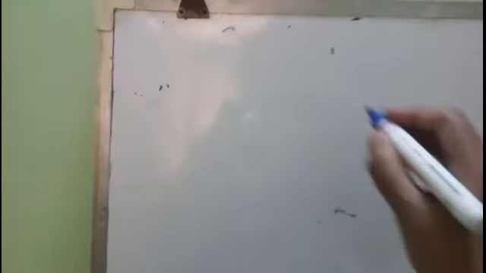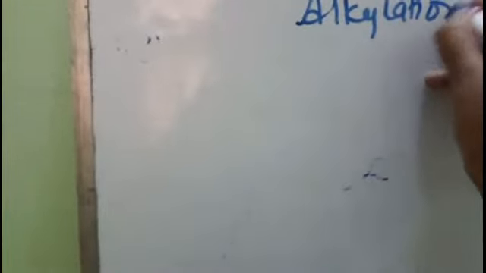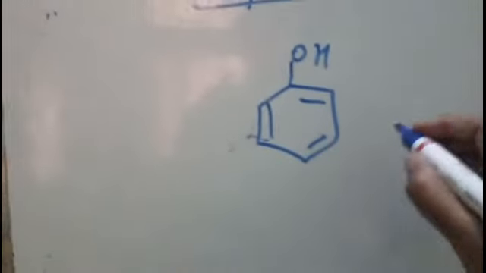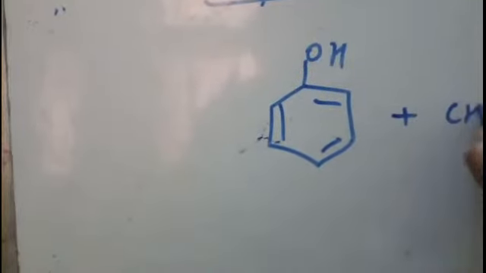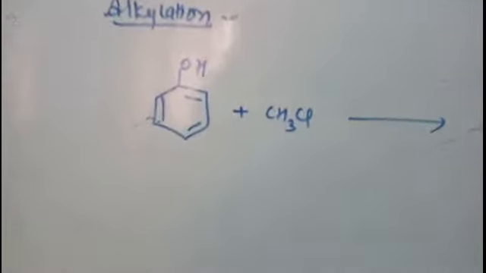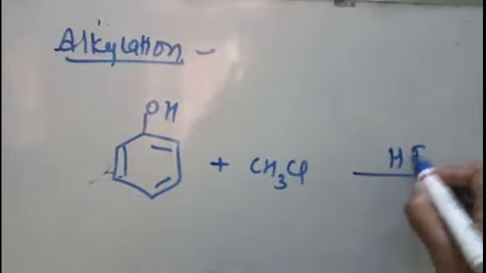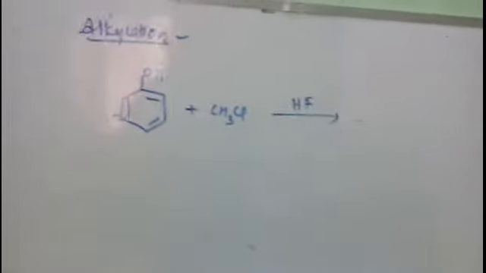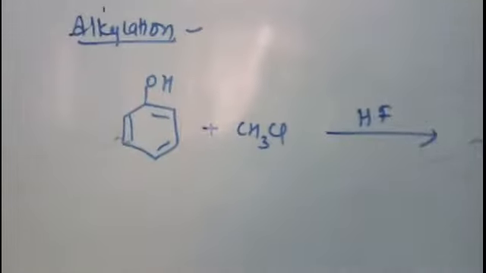Right. So in alkylation, the reaction will be done in the presence of HF instead of AlCl3 or FeCl3. Here we will take any haloalkane. You know that in alkylation we take any haloalkane. Here instead of anhydrous aluminium chloride we will take hydrofluoric acid.